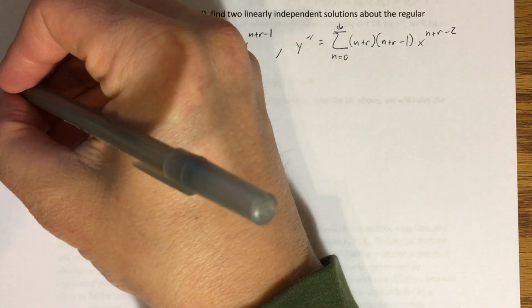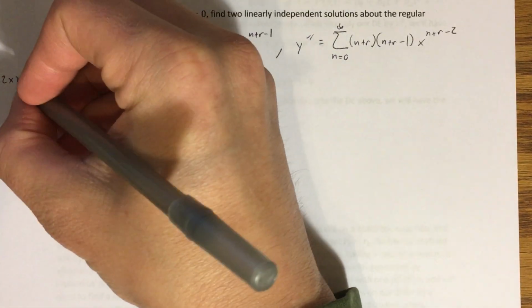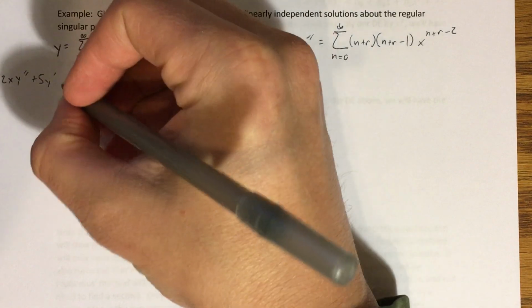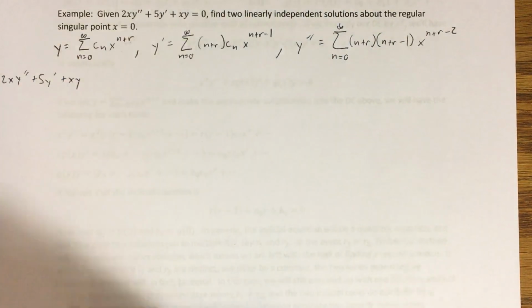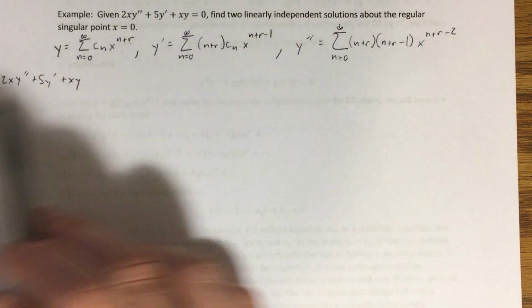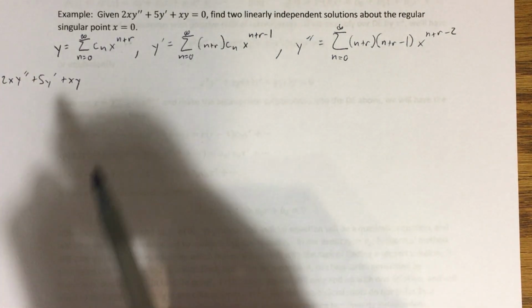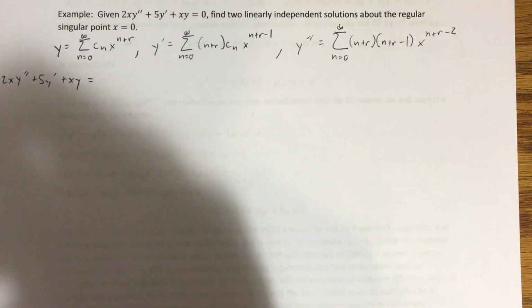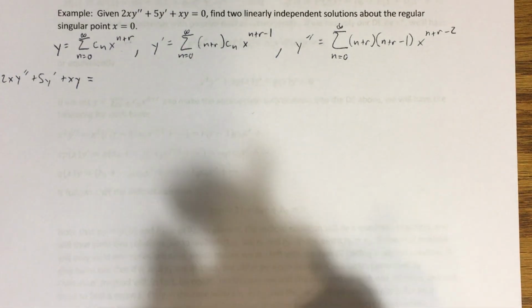So our DE looks like this: 2xy double prime plus 5y prime plus xy. By this point we've done a few examples of this process, even though it was without this r here, so I'm going to do some of the arithmetic ahead of time to save time and space.